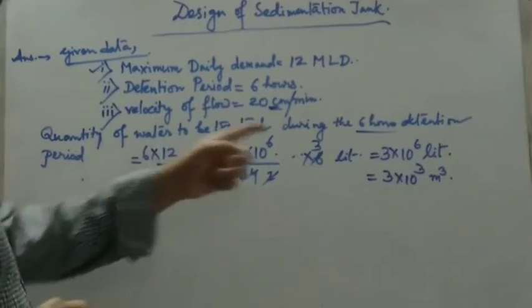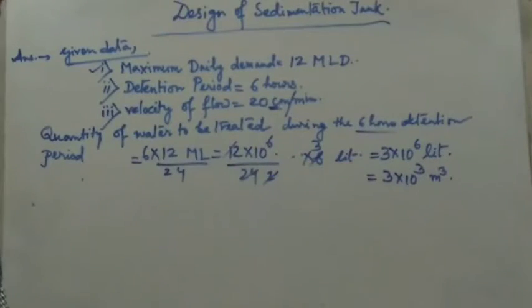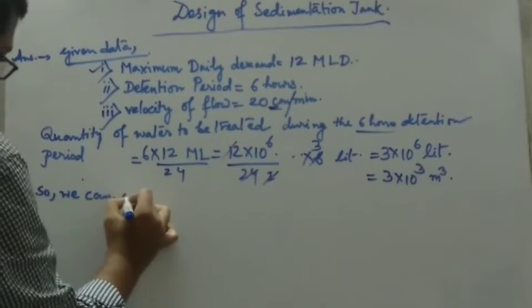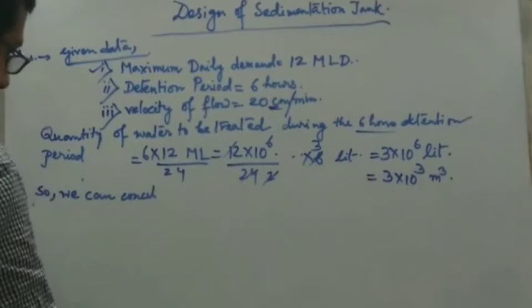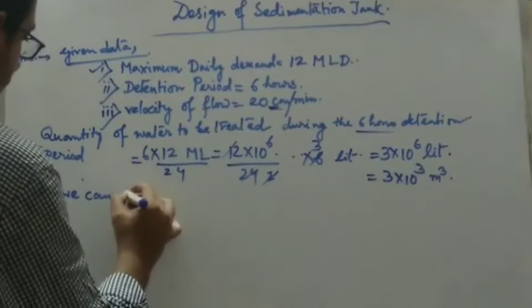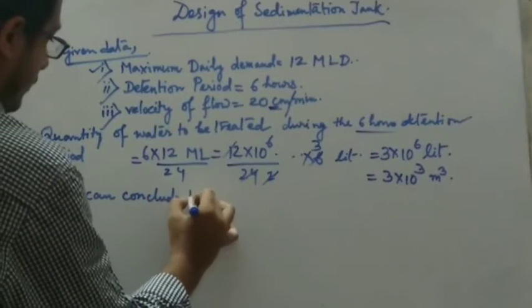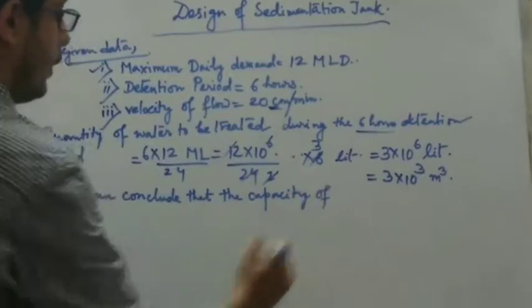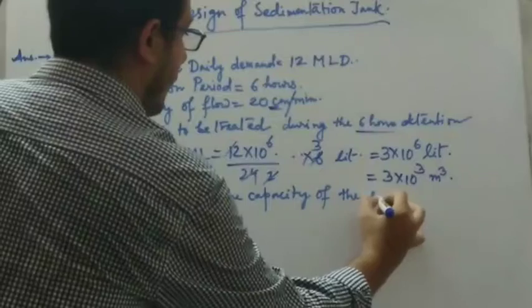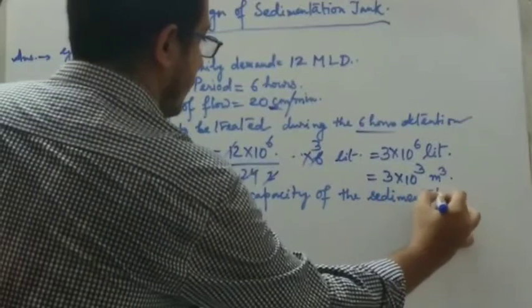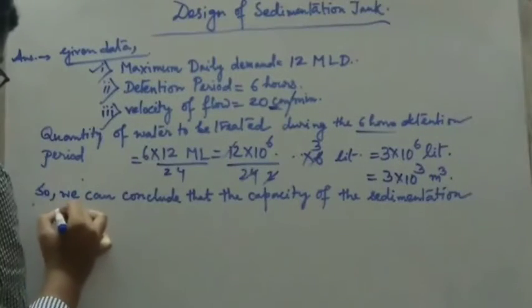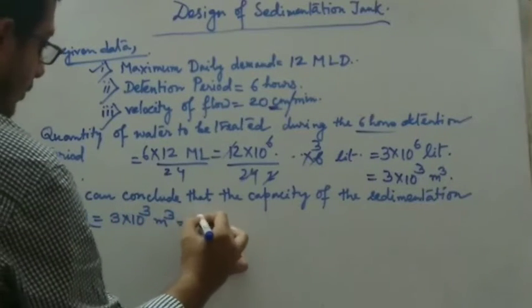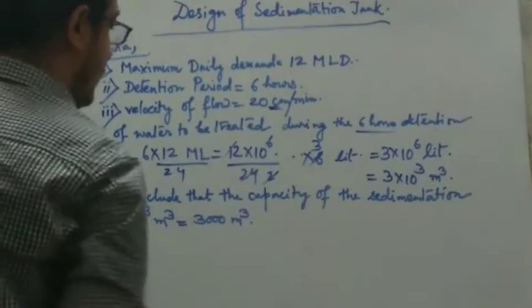The capacity of the sedimentation tank should be 3 into 10 to the power 3 meter cube, that is equal to 3000 meter cube.